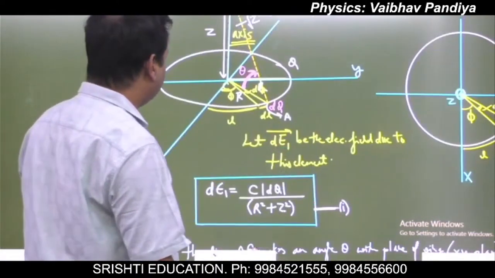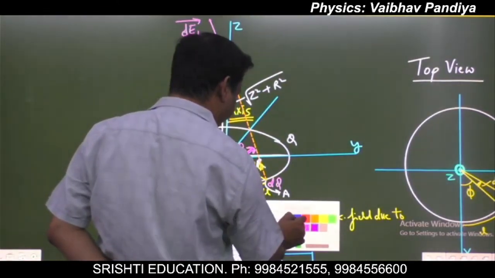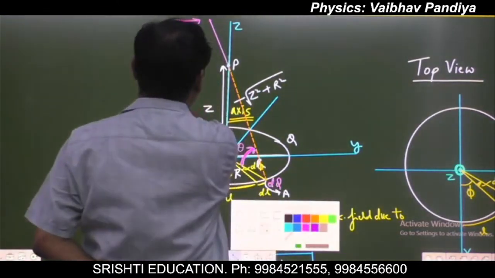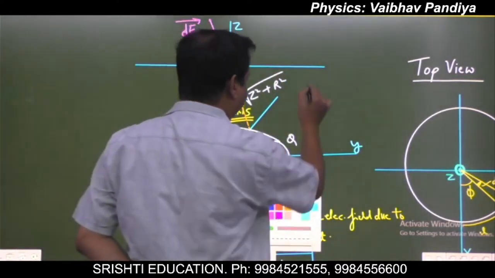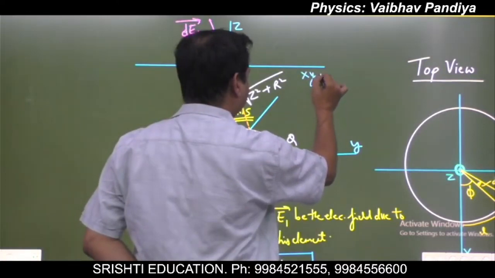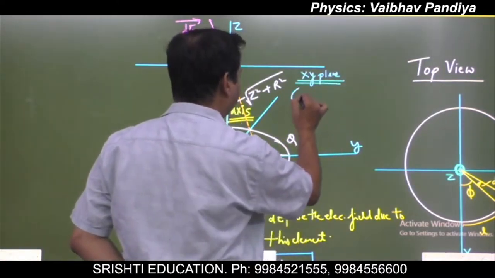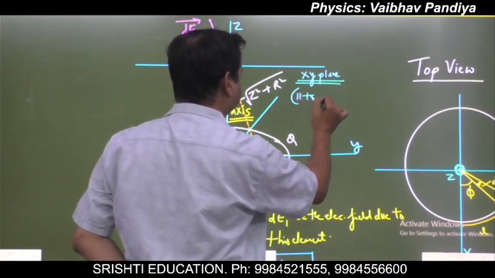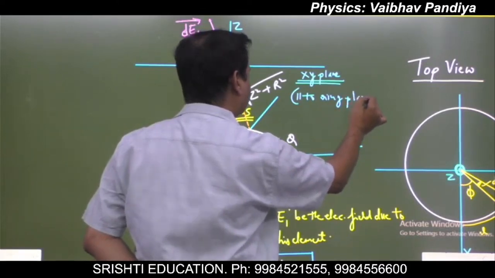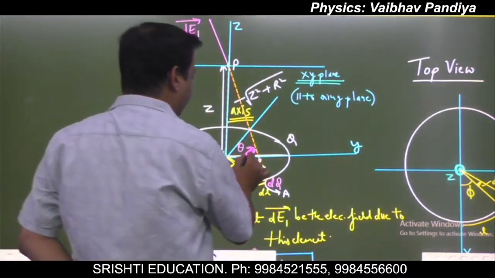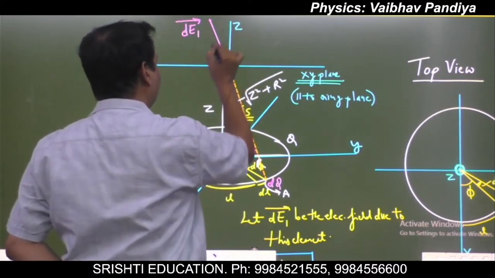So if you see here, if I'm taking a horizontal plane, something like this, this is your XY plane, correct? This is a plane parallel to the plane of the ring. If this angle is theta, this angle will also be theta. So we can resolve dE1 into components.